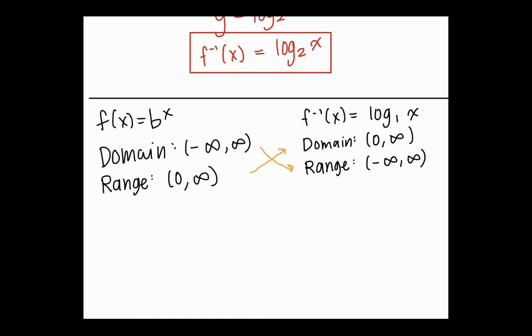It doesn't matter what your b is, as long as it fits with all of my exponential function rules for b and all of my logarithmic function rules for b. This will always work. So for any base for a logarithm, this is always going to be my domain and range, just like for any base for an exponential.